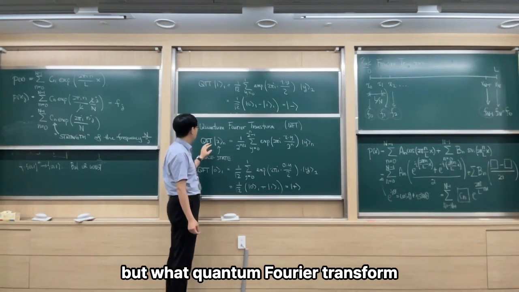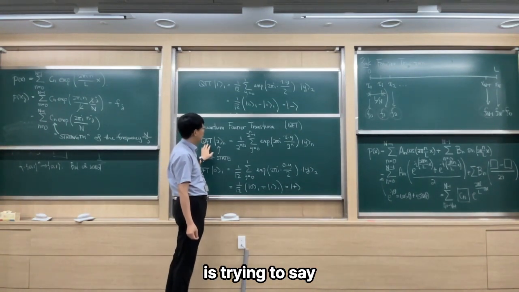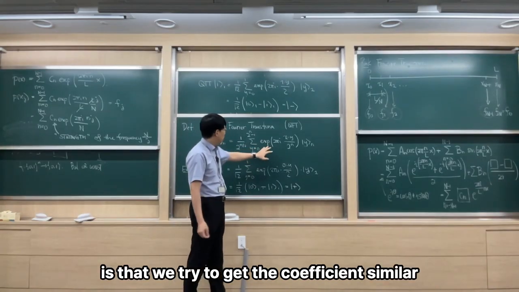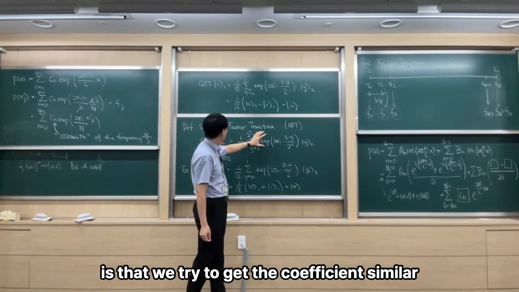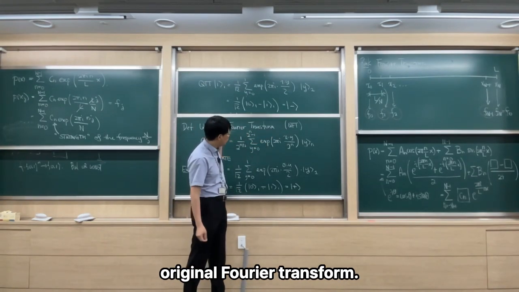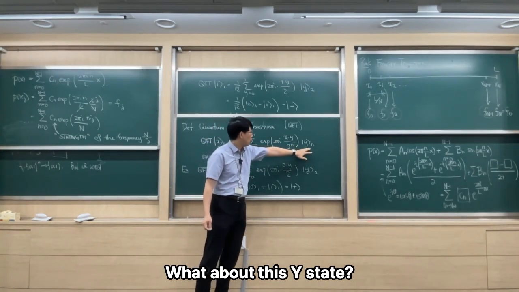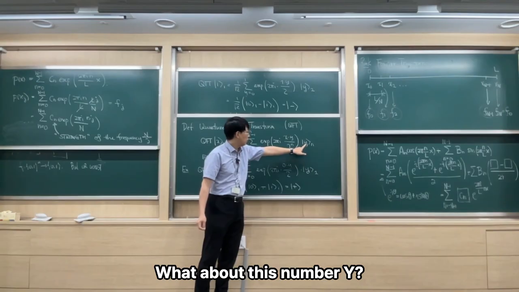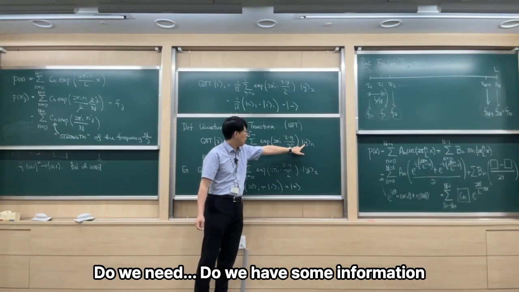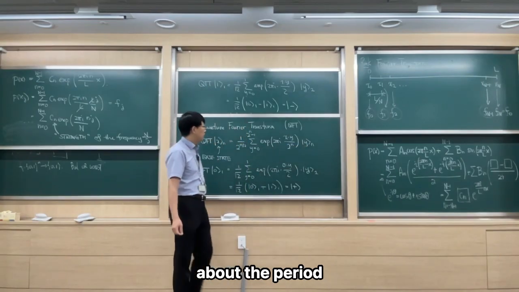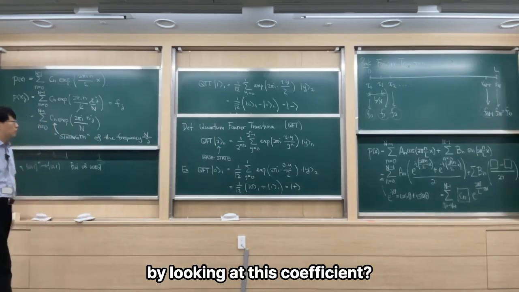So similar to that, not exactly the same, but what quantum Fourier transform is trying to say is that we try to get the coefficient similar to the original Fourier transform and see what all the other quantum states are about. What about this y state? What about this number y? Do we have some information about the period by looking at this coefficient?